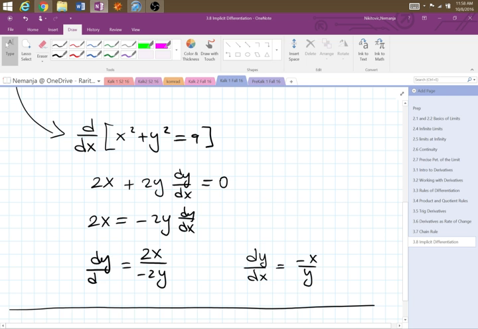Yes. You are going to have full dy dx, which you have to pull together through the magic of factoring, and then isolate it through the magic of division on both sides.